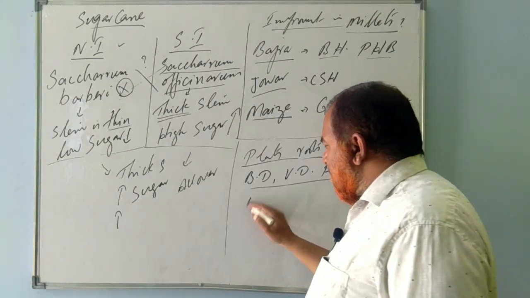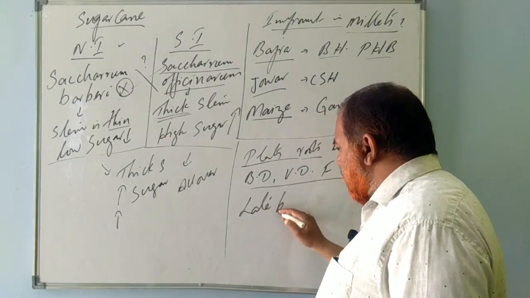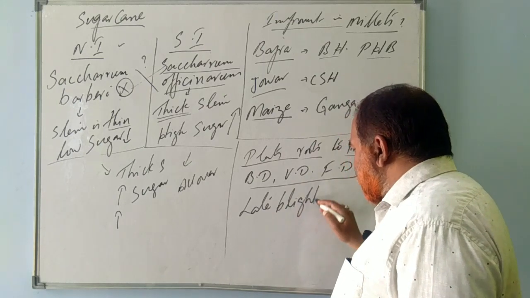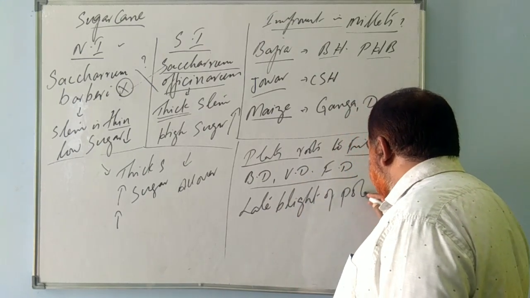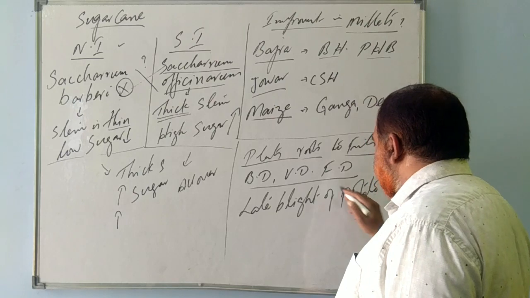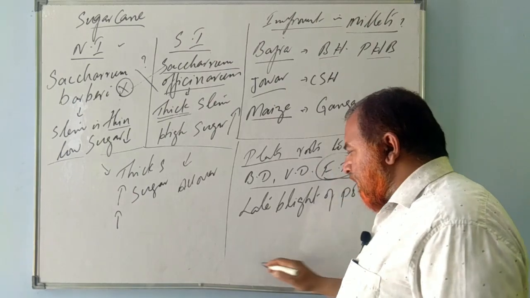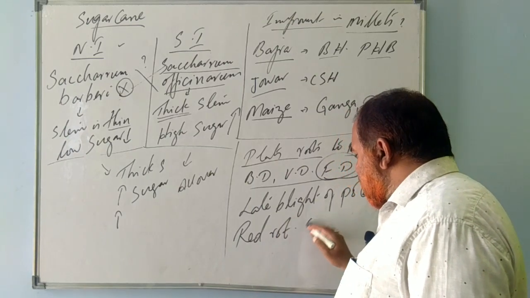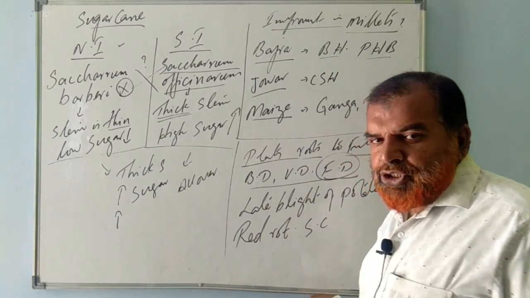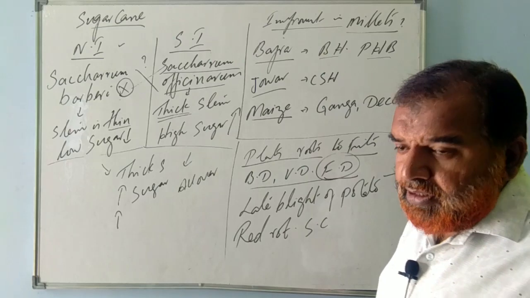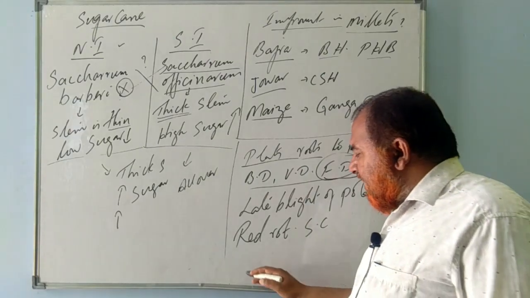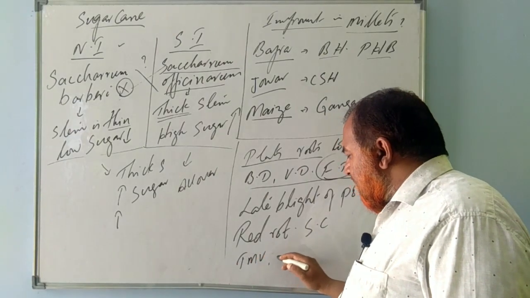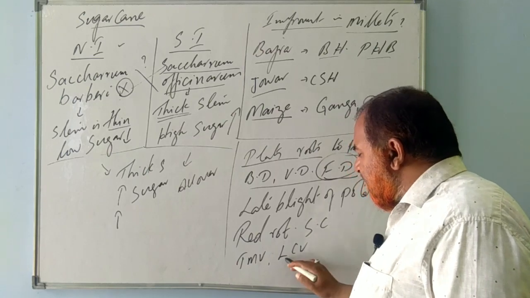For example, late blight of potato is a fungal disease. Clear? Fungal disease of potato. Red rot of sugarcane. Then turnip mosaic virus, TMV, LMV, LCV, leaf curl virus.